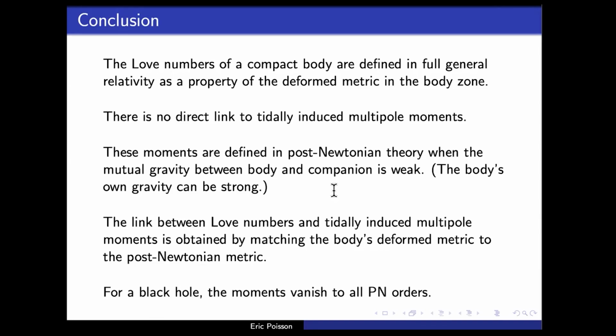That's the one that really shows up first when you start incorporating tidal information in waveforms. But in principle, they're all there. In principle, they're related to the electric and magnetic parts of the Weyl tensor, right? Yep. That's right. So two types of tidal fields, electric and magnetic, and therefore two types of Love numbers. One having to do with the electric type tidal field, the other one with the magnetic type.